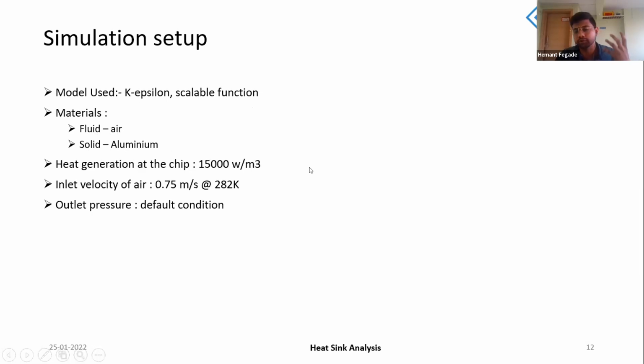Solid is aluminum because the heat sink is going to be made of aluminum. Heat generation is going to be defined at 15,000 watts per meter cube. The inlet velocity of the air is going to be considered at 0.75 meters per second at 282 kelvins. I'll be showing the significance of all of these terms, what they are. And then we'll be talking about the outlet pressure condition, which we are going to keep as default.